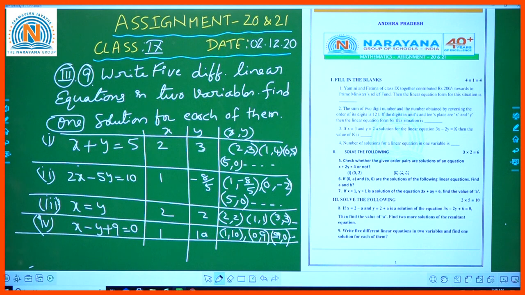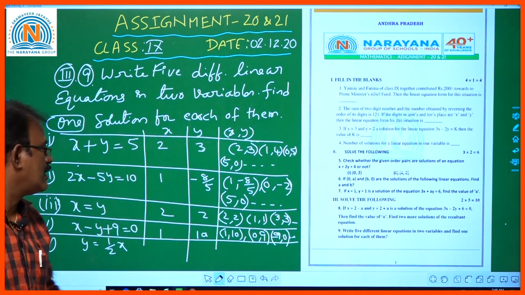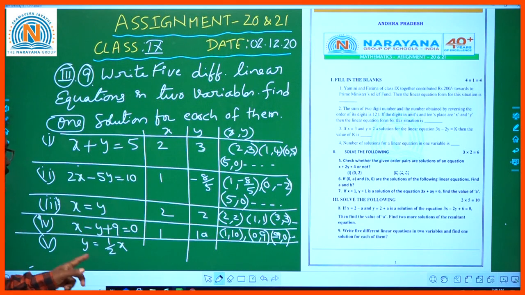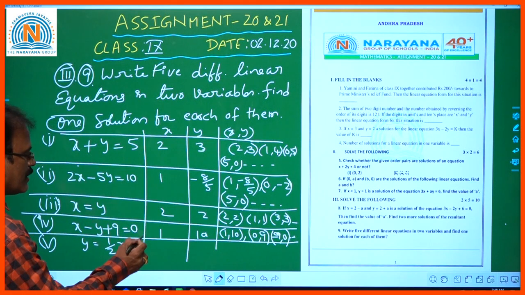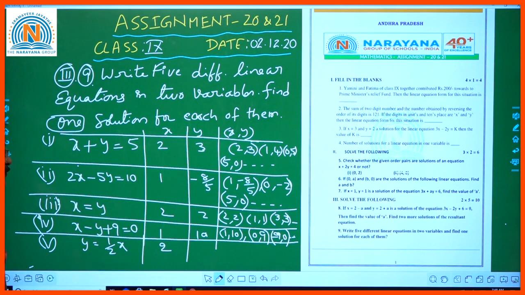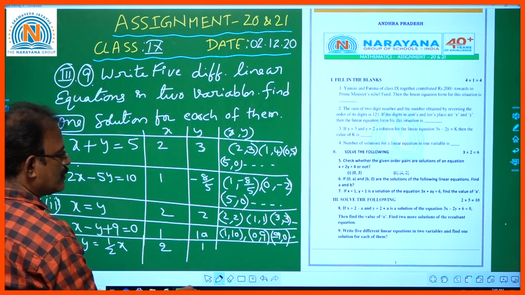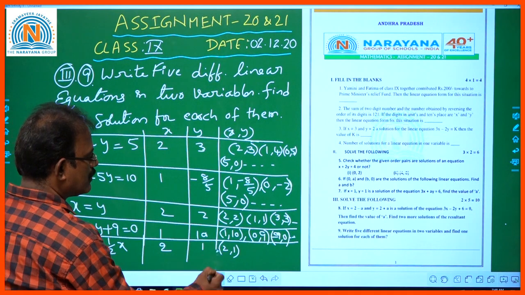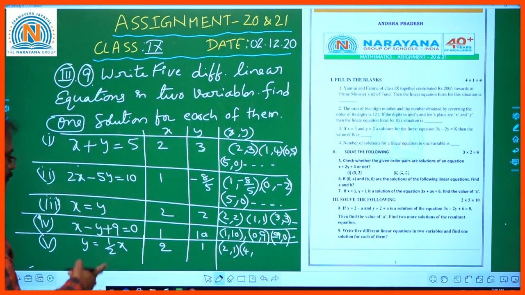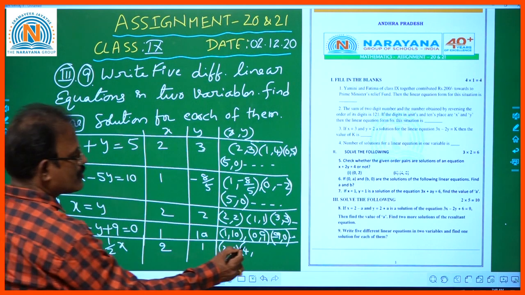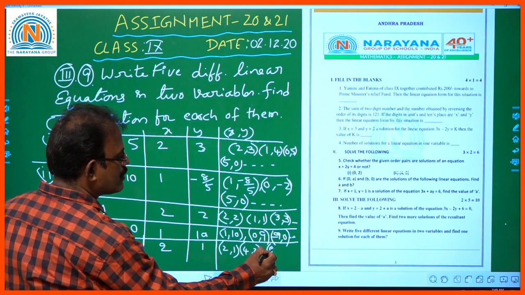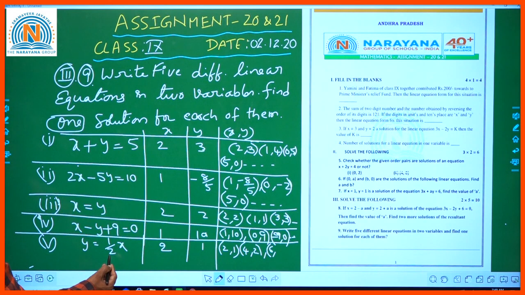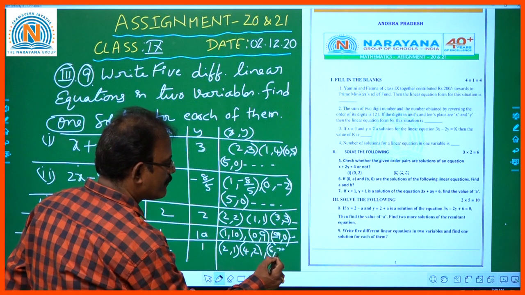Like that you can. If you want a fifth one, say for example y is equal to 1 by 2 x. Our wish. Your answer need not coincide with my examples. Okay, y is equal to 1 by 2 x. So if I take multiples of 2, suppose x is equal to 2, 2 cancels, y is equal to 1. So 2 comma 1. If x is equal to 4, 2 cancelling 2 times, y is equal to 2. If x is equal to 6, 2 cancelling, 3 times, y is equal to 3.